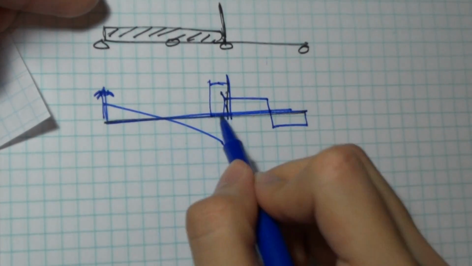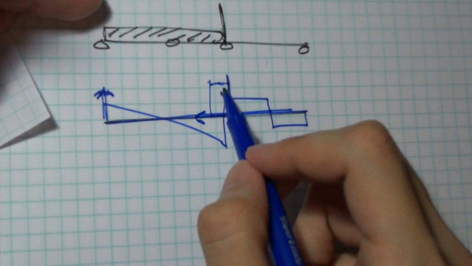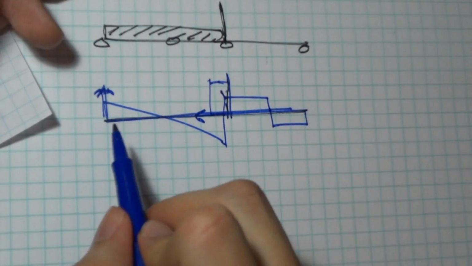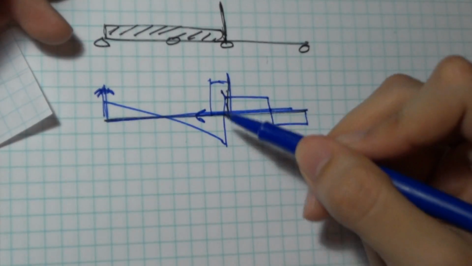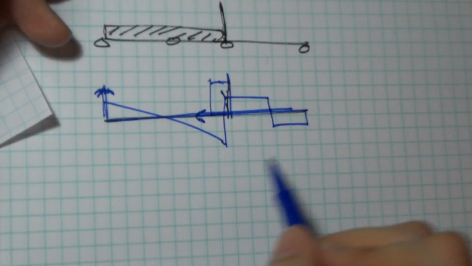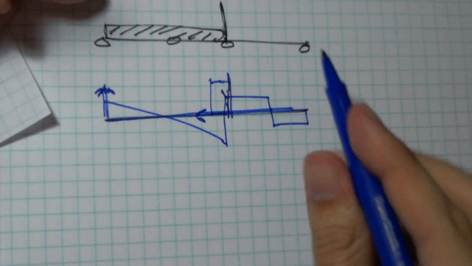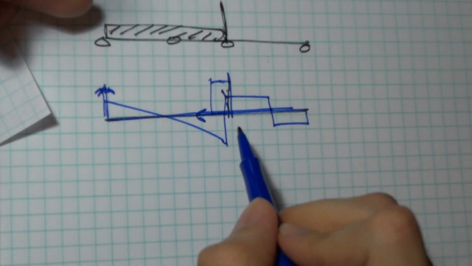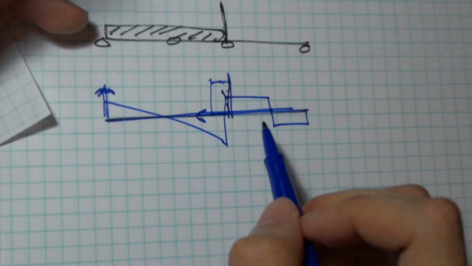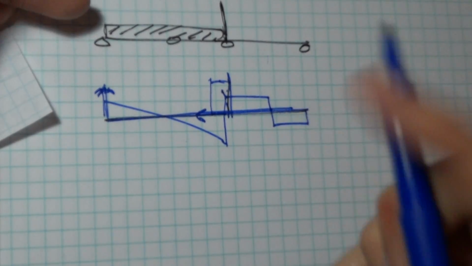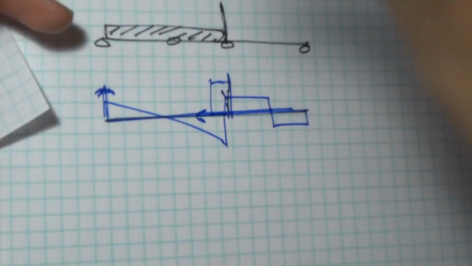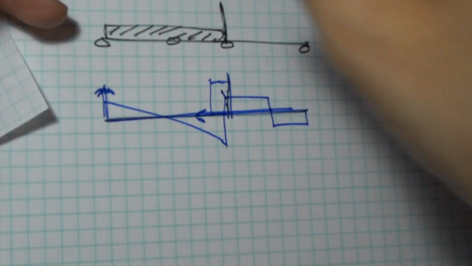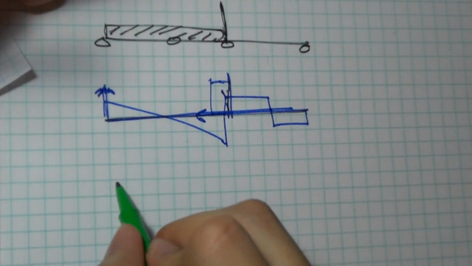This is my axis and shear. So instead of drawing a diagram for this length and a diagram for this length, I'm drawing everything on the same diagram. This is kind of like how SAP would present it if you were to do results. Like how SAP presented your truss results, it showed everything on the same diagram and just had all the diagrams at different angles. And I'll do the same thing for my moment diagram.